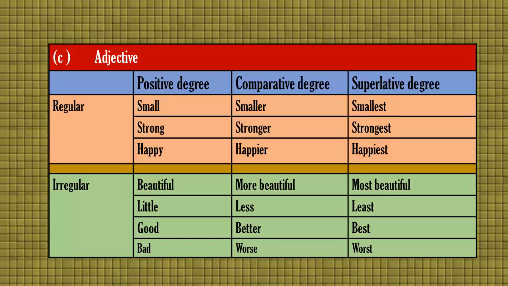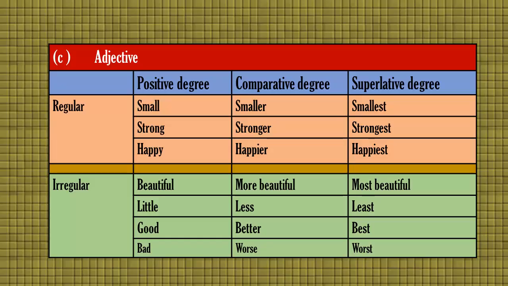The comparative and superlative degrees of these adjectives have been made by adding er or est to the end of these adjectives: small, smaller, smallest, strong, stronger, strongest, happy, happier, happiest.